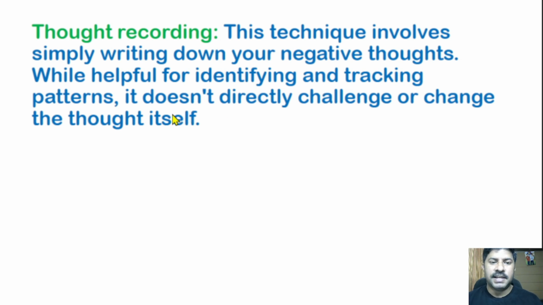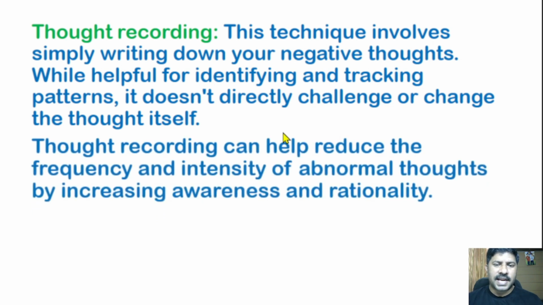It doesn't directly challenge or change the thought itself, but in future it will help him understand the reason and solve the issues. Thought recording can help reduce the frequency and intensity of abnormal thoughts by increasing awareness and rationality. So he will get an idea of the unwanted thought process, and then he can increase the gap between them and reduce the frequency and intensity of abnormal thoughts.